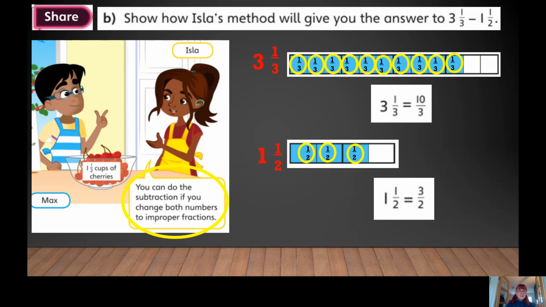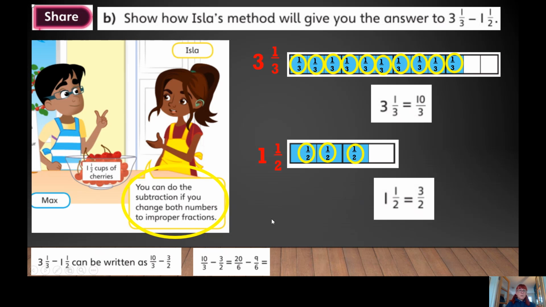Right, so what next? We need to find the total. 3 1/3 subtract 1 1/2. Well, first thing, 3 1/3 subtract 1 1/2 can be written as 10/3 take away 3 halves. Yeah, we've calculated that from the diagrams in this bit at the beginning.